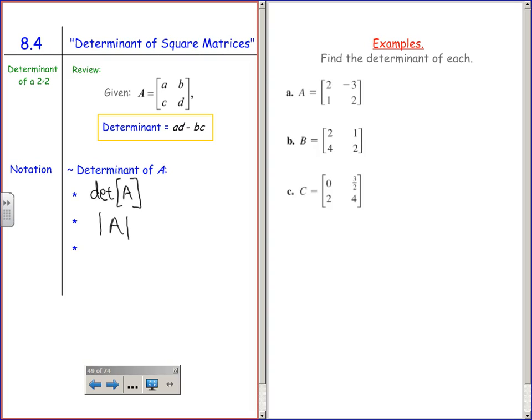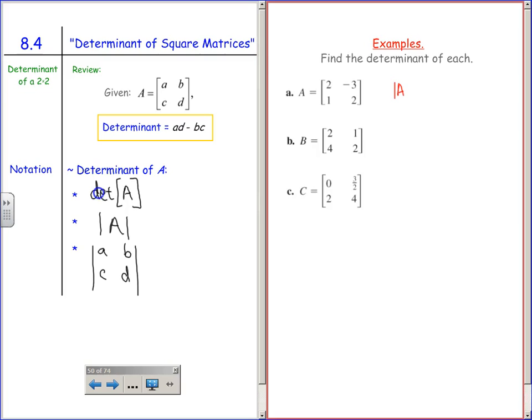And technically you could also put those absolute values around the entire matrix, which is confusing to some degree, because the brackets versus the absolute values look so similar. But if you have a matrix in absolute values, it also means determinant. So all of these point back to that. Easy formulas with 2x2s.